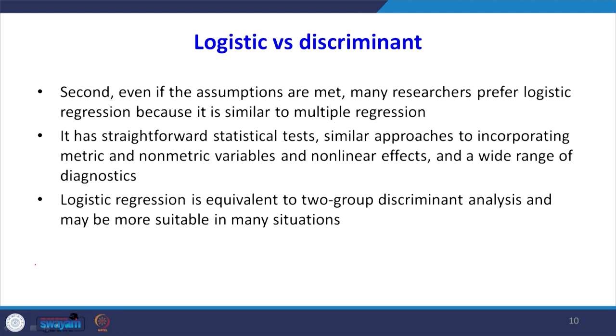There are many possibilities to interpret the result. It has straightforward statistical tests, similar approaches to incorporating metric and non-metric variables and nonlinear effects, and a wide range of diagnostics. Logistic regression is equivalent to 2-group discriminant analysis, and it may be more suitable in many situations.